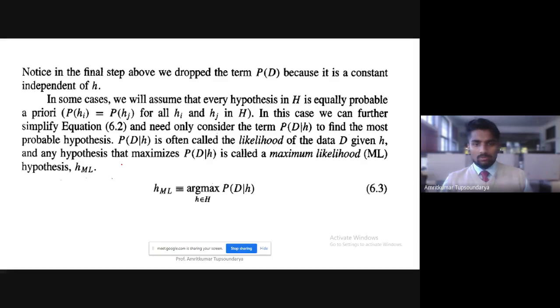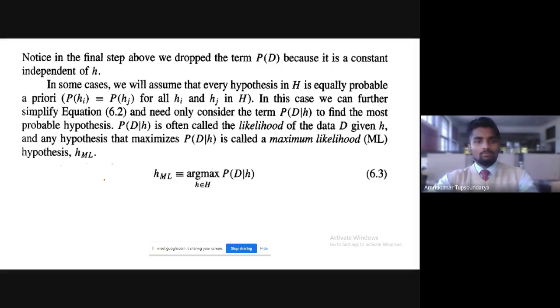In that case, instead of MAP, we consider ML, that is maximum likelihood, so H ML, and the formula for that.